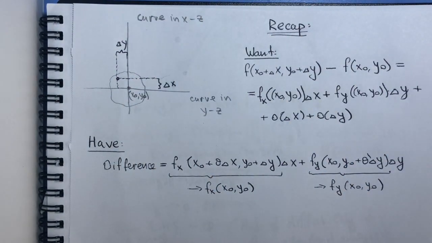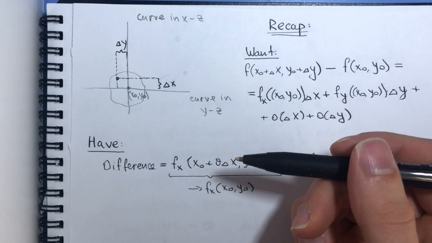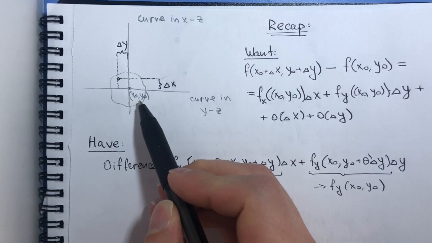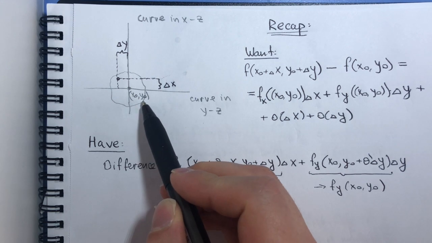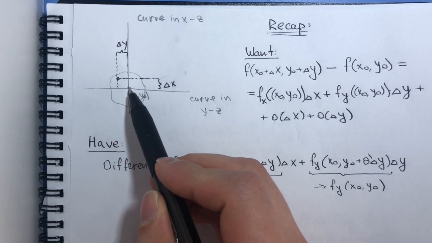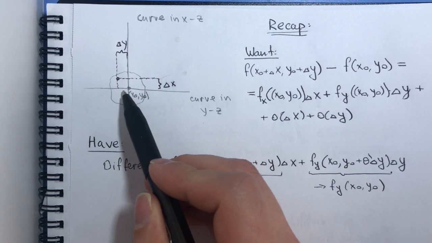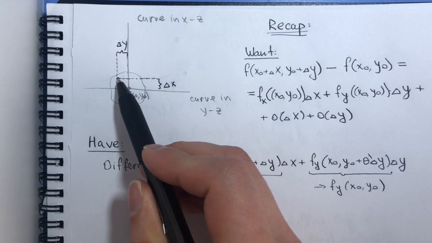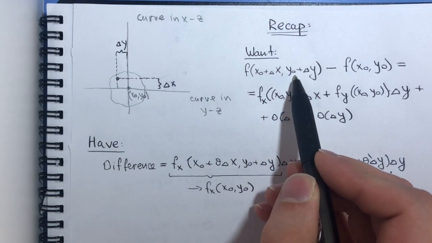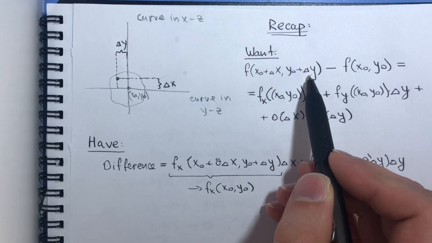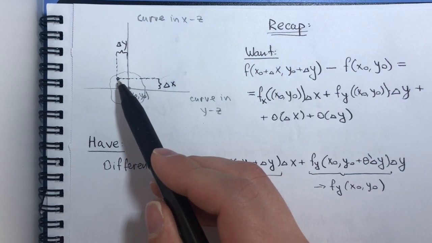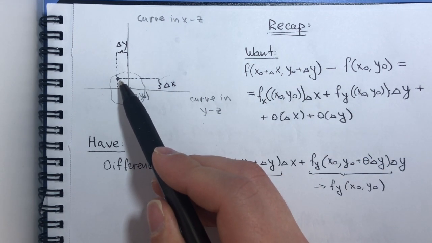You can look at the drawing if it's not clear. So then we have a starting point, x naught, y naught, and we give increments along both directions to get a new point, x naught plus delta x, y naught plus delta y.